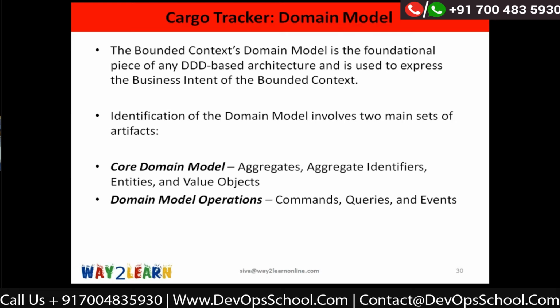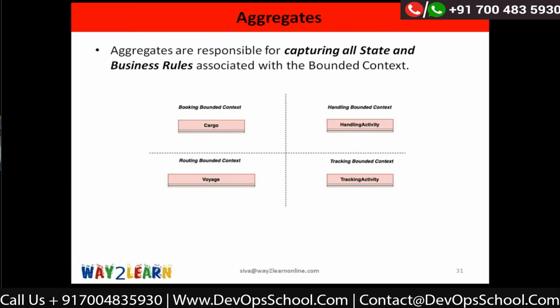How do I identify the aggregates? For our four bounded contexts, I have identified the aggregates. Cargo is going to be an aggregate in the booking module, because that is what we are booking, a cargo. So cargo will be my aggregate.